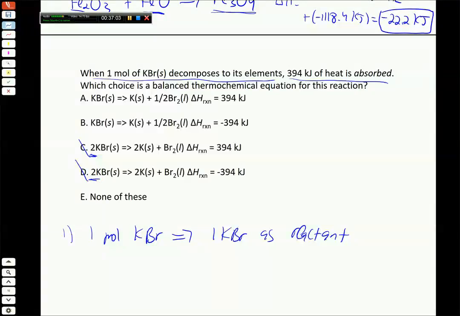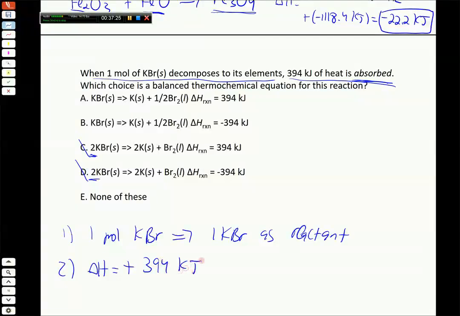And then the second thing we want is delta H. If we have 394 kilojoules of heat absorbed, remember whenever heat is absorbed by the system, that tells us that the heat, which is equal to delta H at constant pressure, is going to be a positive number. So this should be a positive 394 kilojoules.